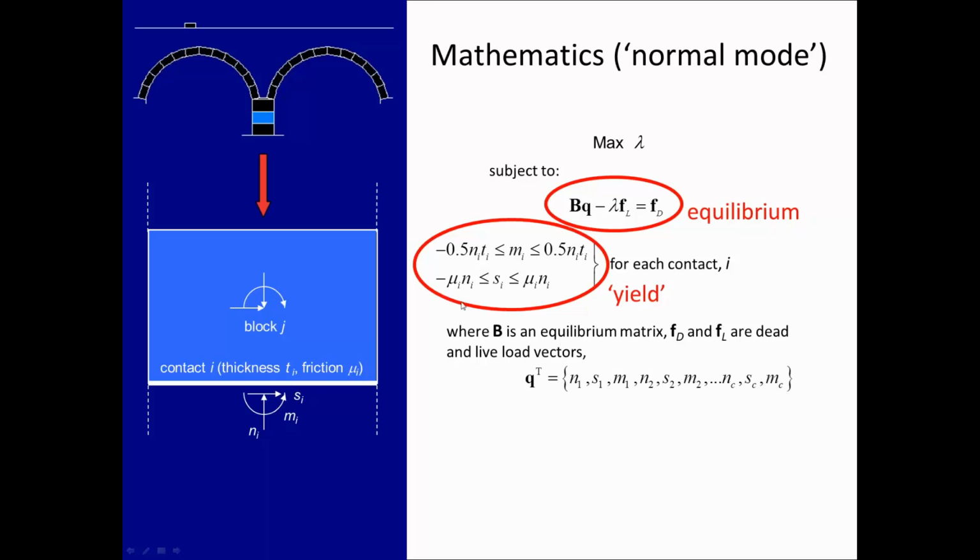That's for rocking and sliding respectively. And the nice thing about it is it's a very simple linear optimization problem that we can solve very easily. And what I'm going to do a little bit later is contrast this formulation with the one that we use when we have a support movement condition.